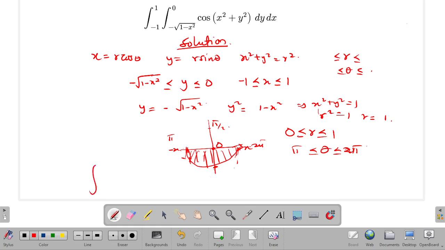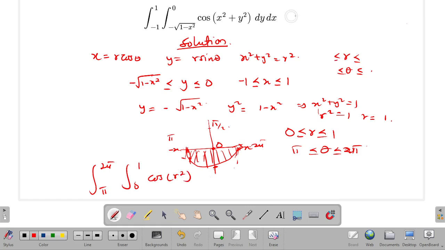We have our outer integral always the theta, from pi to 2 pi, then from 0 to 1 for r. The next thing is we convert our function to polar form. Remember, x squared plus y squared is equal to r squared, so I'll have cosine of r squared.